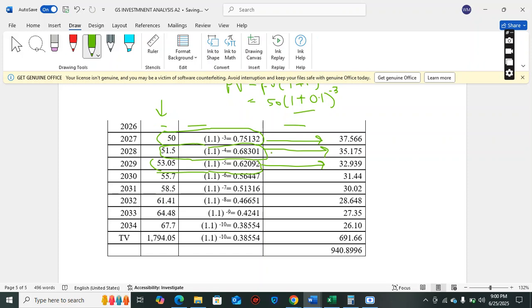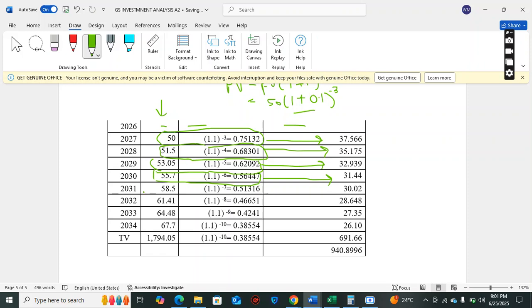Okay, so I believe we're getting the pattern here. 2030, 6 years from 2024. So the expected dividend here, which is the future value, 55.7 times 1.1 to the power negative 6, you get 31.44.